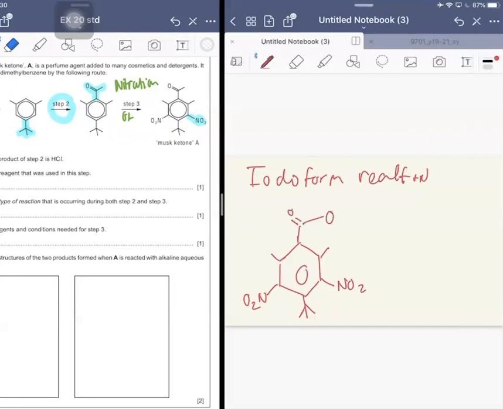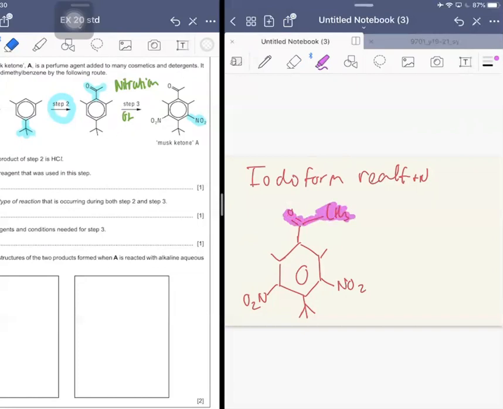The problem here is the ketone part, this part, okay? Because of C double bond O. CH3, I meant to write down CH3. For an iodoform reaction, you need to have a C double bond O that is attached to a CH3. Okay, that is the requirement, right?